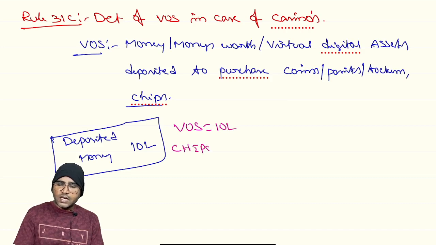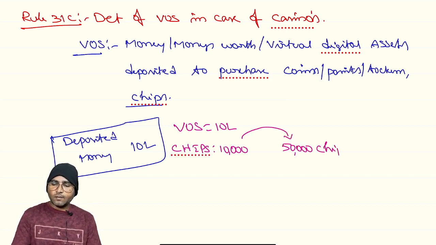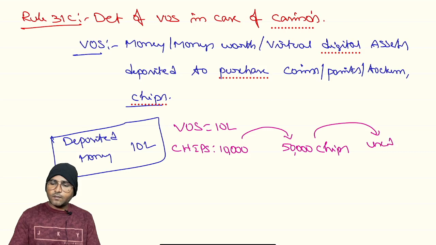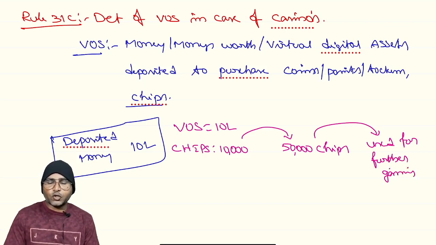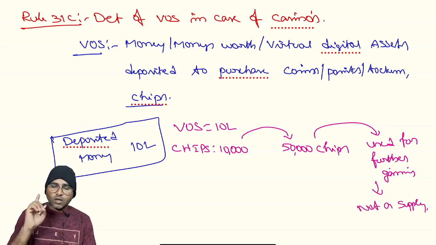Suppose the chips has been allotted 10,000. How many? 10,000. Now this 10,000 chips became 50,000. Right? Now it is not a supply. And again 5,000 chips used for further games or further casino. It is not a supply.